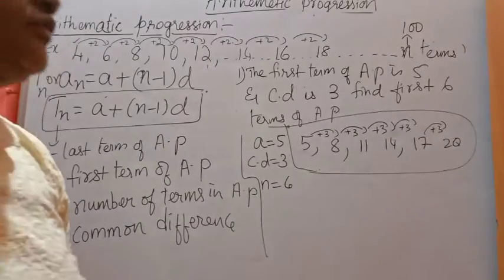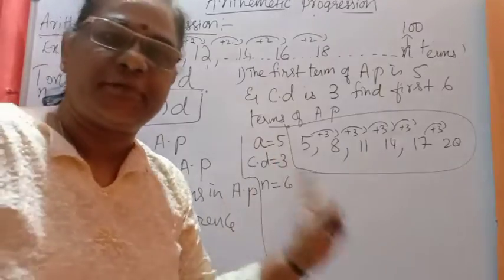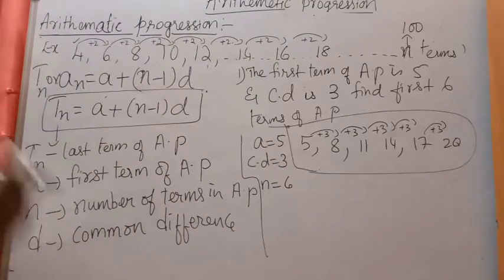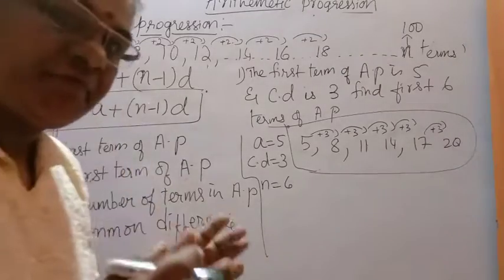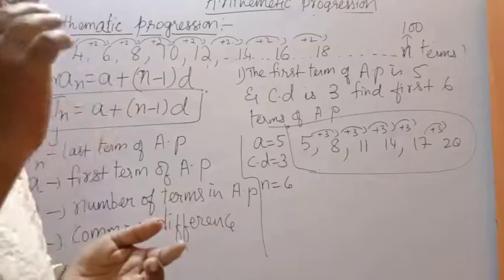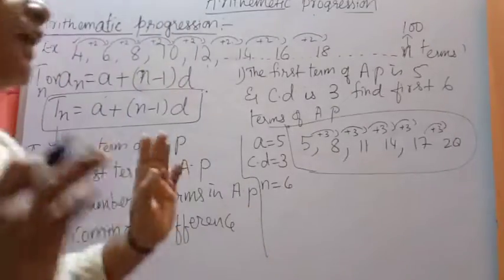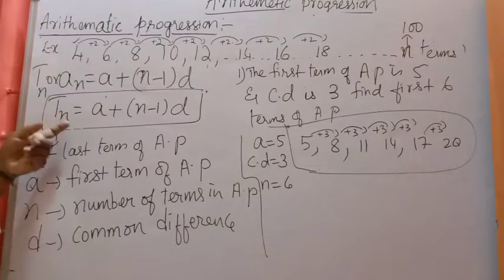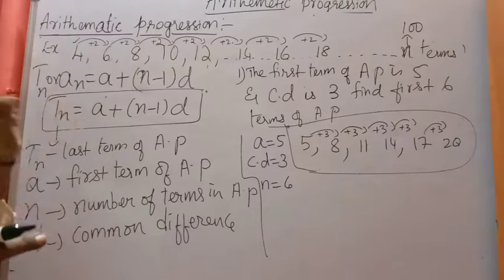Whenever I talk about term, you have to remember this formula Tn. Because you have one more formula for sum in future. Don't get confused with that. Whenever you come across the word term in the problem, you have to use this. Find the term. Whenever they ask you term, you have to put this formula.